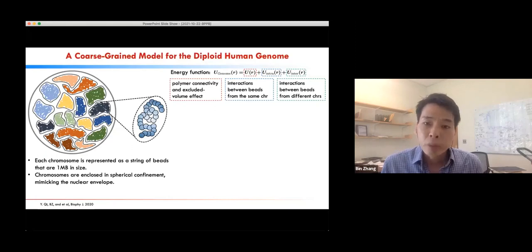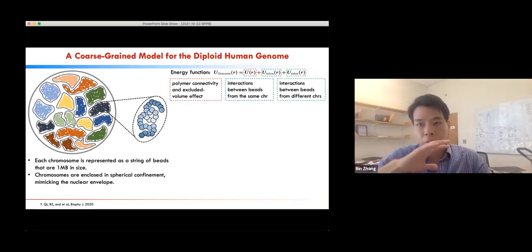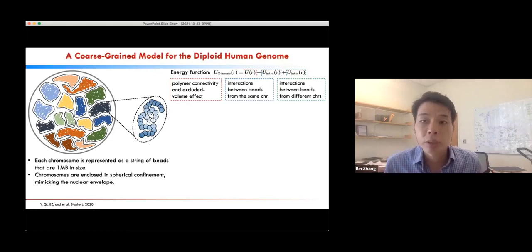But now, once you have the energy function, once you establish the functional form, you still need to parameterize the interaction between the particles, because the interaction quantifies the energy and dictates the final structure that you're going to get. Now, to be frank, coarse graining is a very popular technique in the theoretical chemistry community.